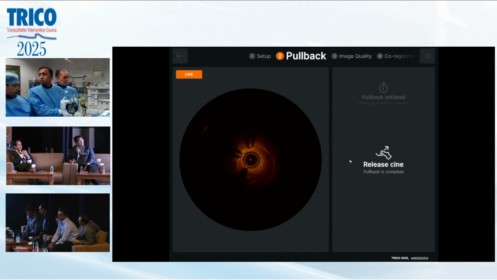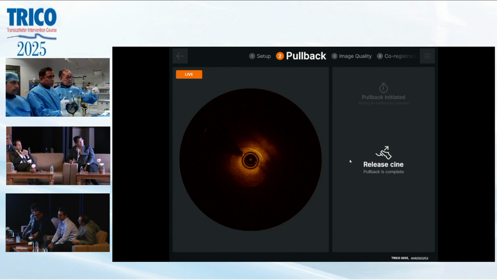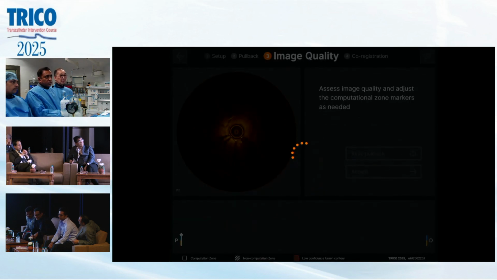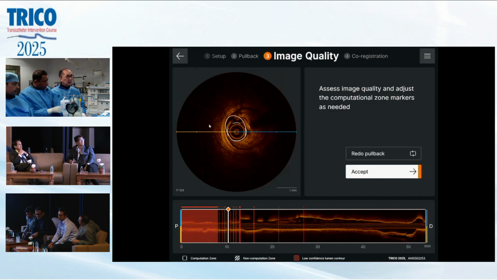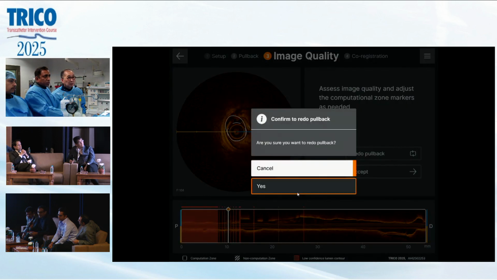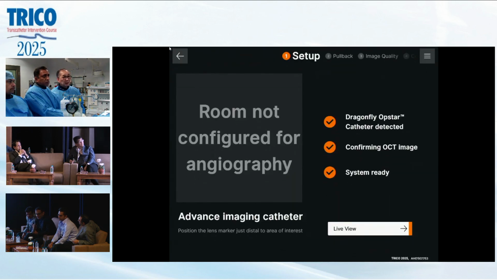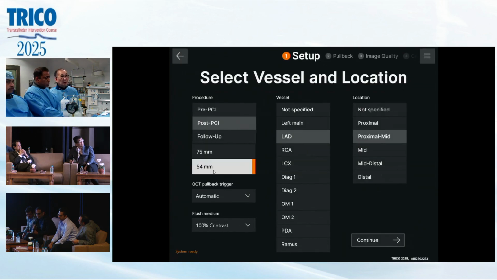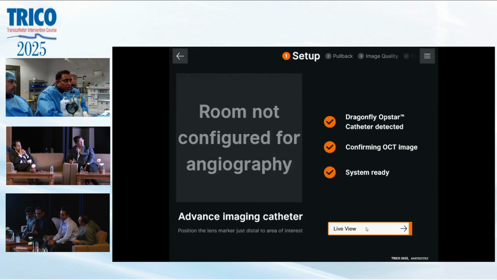No good. Do one more. Did not trigger? Too far away? Can we see the angiogram now? 75.